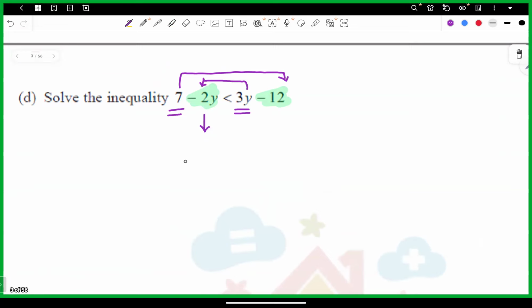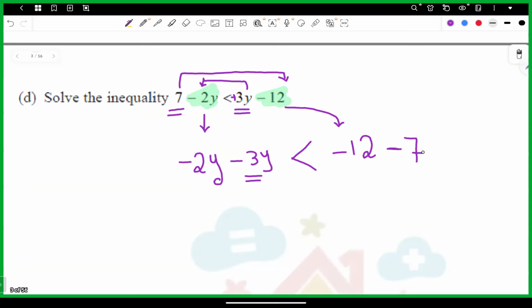So I have to bring down minus 2y like this and then minus 3y, the opposite of positive 3 will be minus 3y, and then bring down minus 12 after the sign in take away, and then change the sign of 7, it will be minus 7 like this.